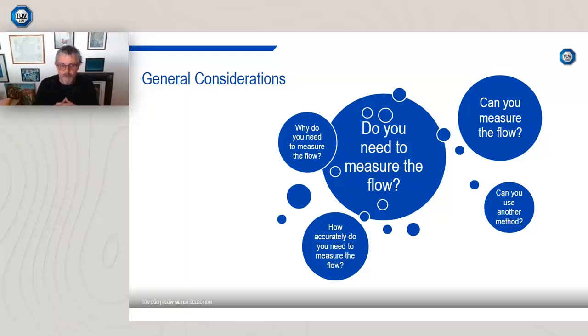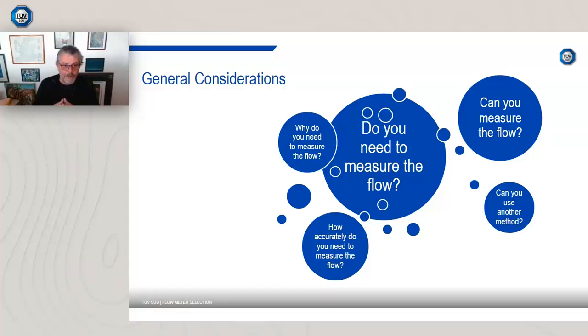Why do you need to measure the flow? Is this just for a process indication, for example, so you'd be happy with a high uncertainty or low accuracy meter, or is it a really critical measurement? Is it, for example, safety critical? I'm guessing here water to a nuclear reactor, or a custody transfer of an expensive fluid like hydrogen or sequestered carbon dioxide.